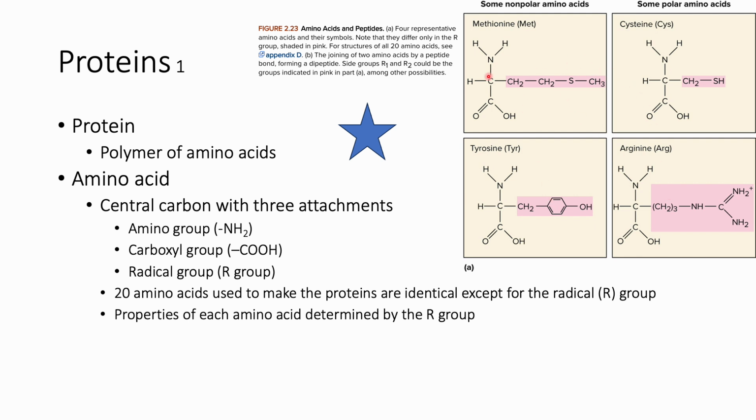All of them have a central carbon with an amino group, a carboxyl group, and a hydrogen, and then in pink highlighted is the radical group. We have 20 amino acids used to make our proteins, and they're all identical except for the radical group. And the properties of each amino acid are determined by that R or radical group.